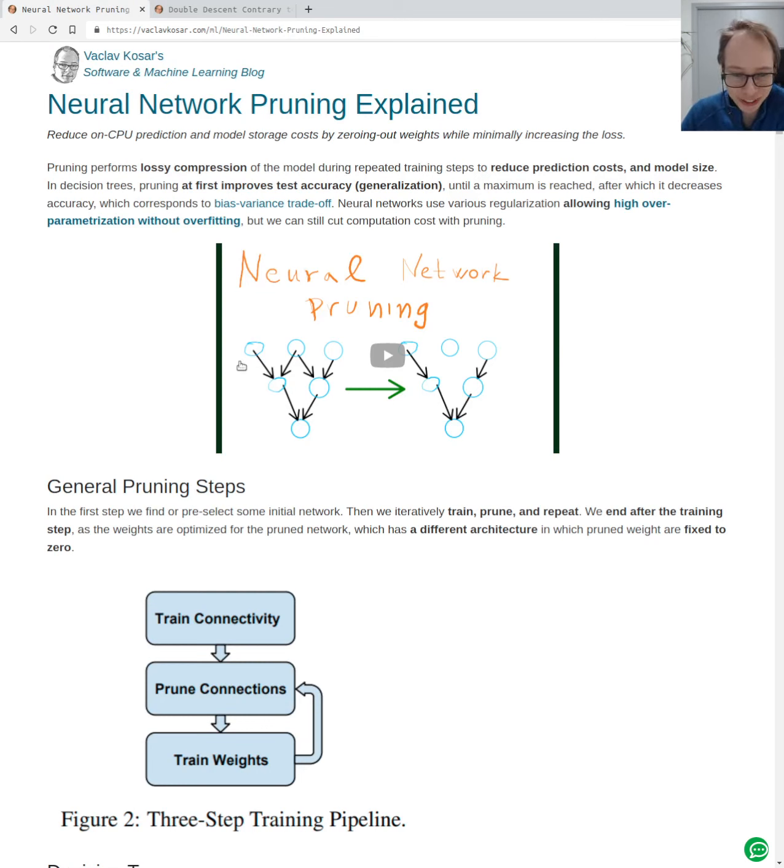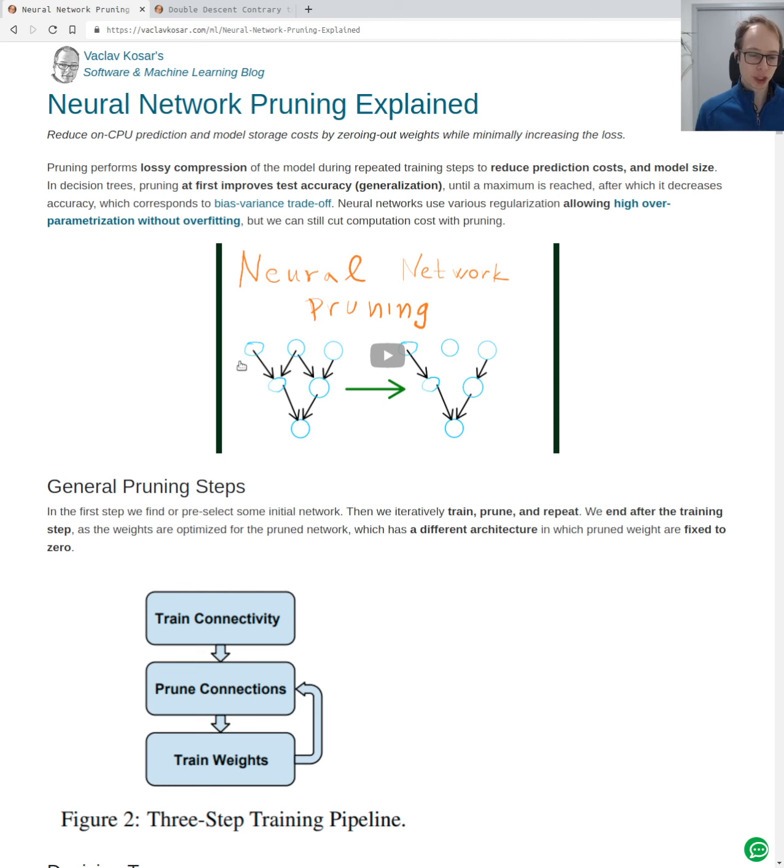In neural networks, we can also use pruning as a regularization as well, but we use many other regularization approaches in neural networks, which already prevent overfitting for us. And so neural networks are usually hugely over-parameterized.